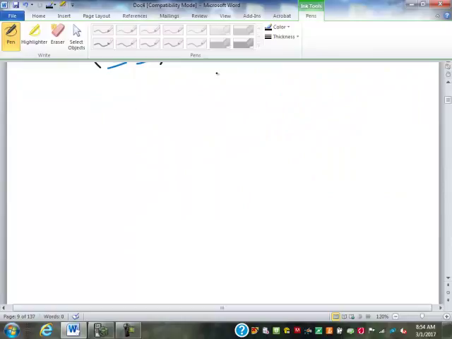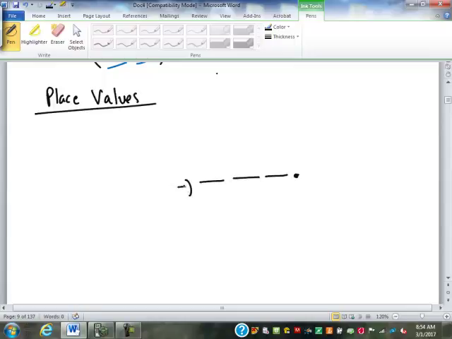So now that we've got these powers of 10, there's something very important we need to look at. We need to go back to our place values. Remember, we talked about these place values. This is the ones, tens, hundreds, and I'm just going to write them out numerically. 1,000s, 10,000s, and so on.